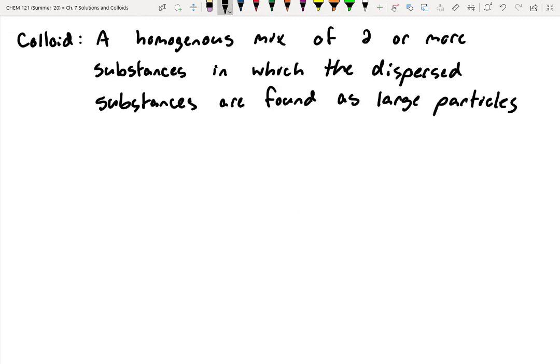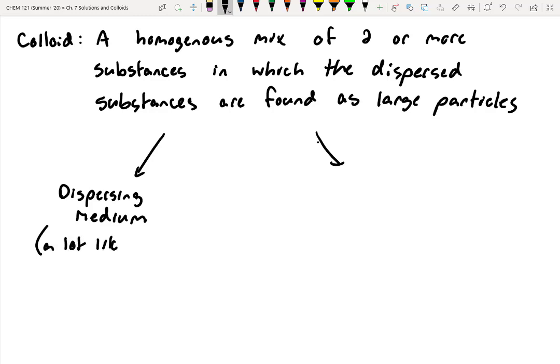All right, so let's try to break this up into two parts, kind of like we did for solutions. The first part is just called the dispersing medium. The dispersing medium is a lot like a solvent, but it's the term we use when we're describing a colloid versus a solution. And then on the other side, we've got a dispersed phase.